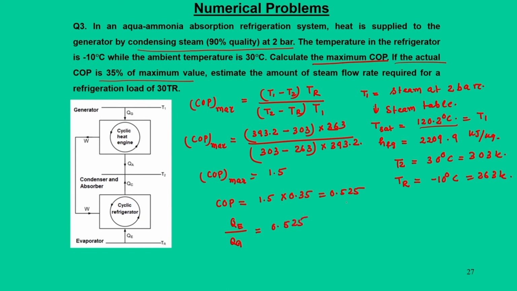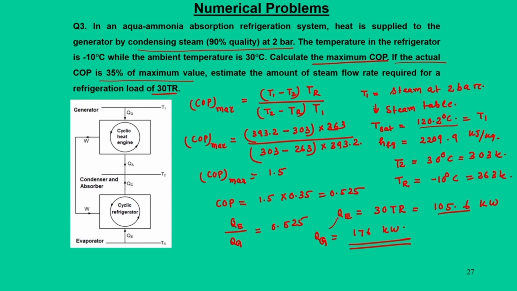From this we can calculate QE, which is your 30 TR evaporator load, 105.6 kilowatt, and from this we can now calculate QG as 176 kilowatt.